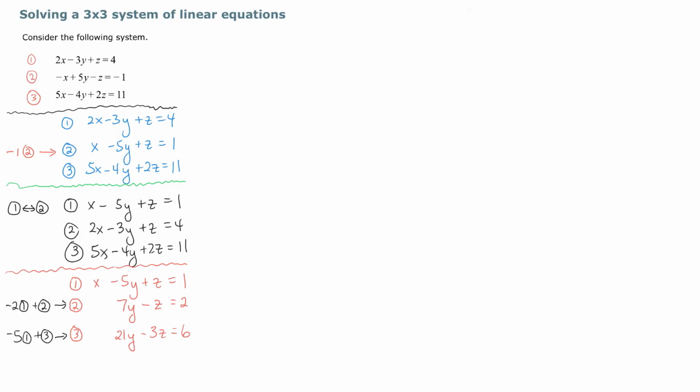First thing I'm going to do is keep the same equation 1, x minus 5y plus z is equal to 1. We're going to keep the same equation 2, 7y minus z is equal to 2.